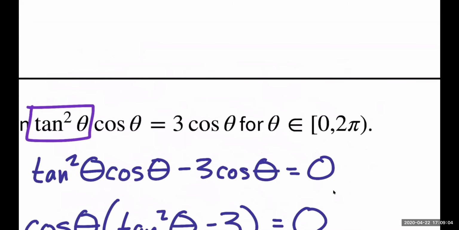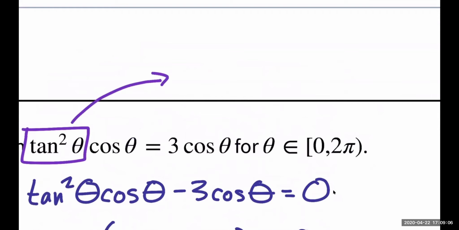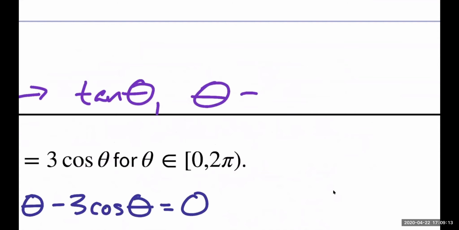So hopefully you remember that when you have tangent of theta, theta cannot equal pi over 2 or 3 pi over 2, because if you plugged that theta into tangent, the function would be undefined.